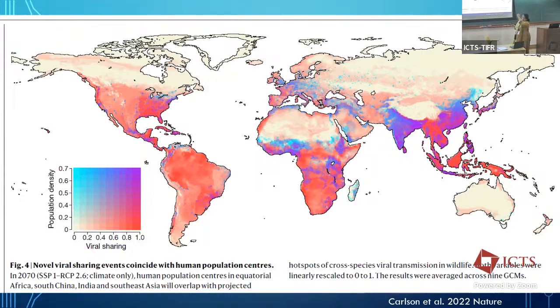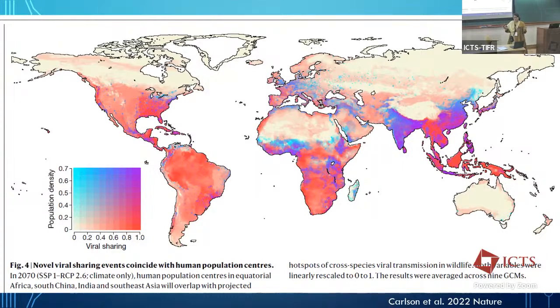So what they did is they first mapped, based on climate, how it would look in 2070, the probability of viral sharing events. And then to this map, they brought in where human population centers would be in 2070 based on climate change and land use change.